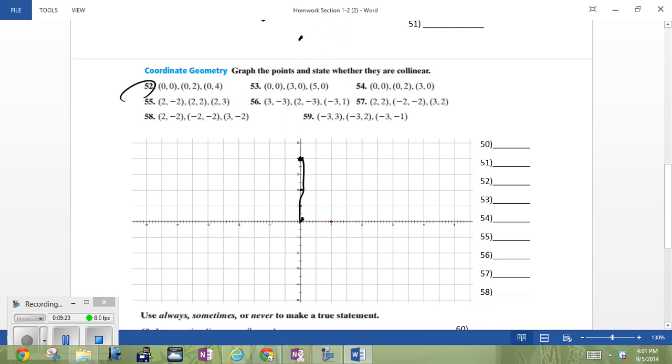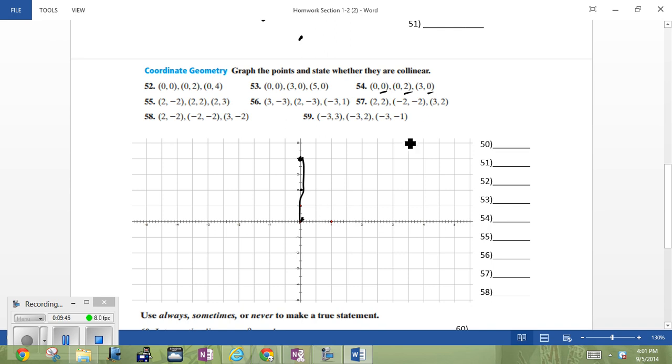There you go. They're all on the y-axis. We knew they were all on the y-axis because they all had the same x-coordinate. So if they all have the same x-coordinate, then they're going to be a vertical line, and certainly they're going to be collinear. If they all have the same y-coordinate, here you go, they're all going to be collinear.